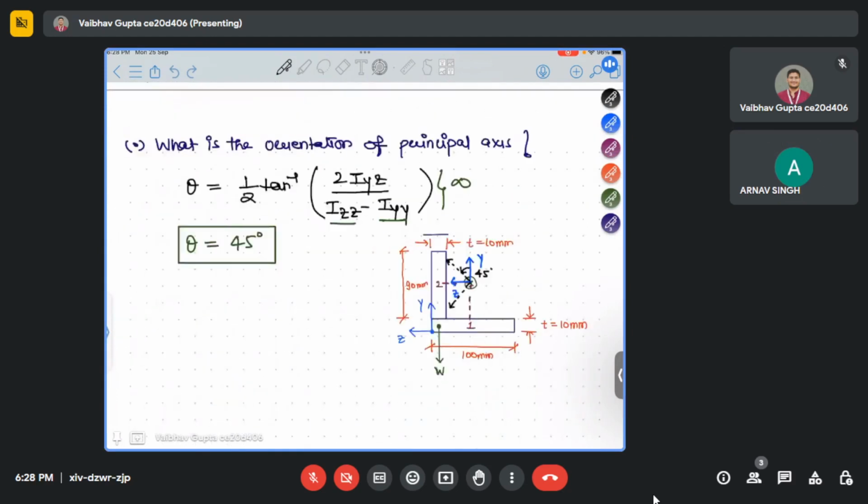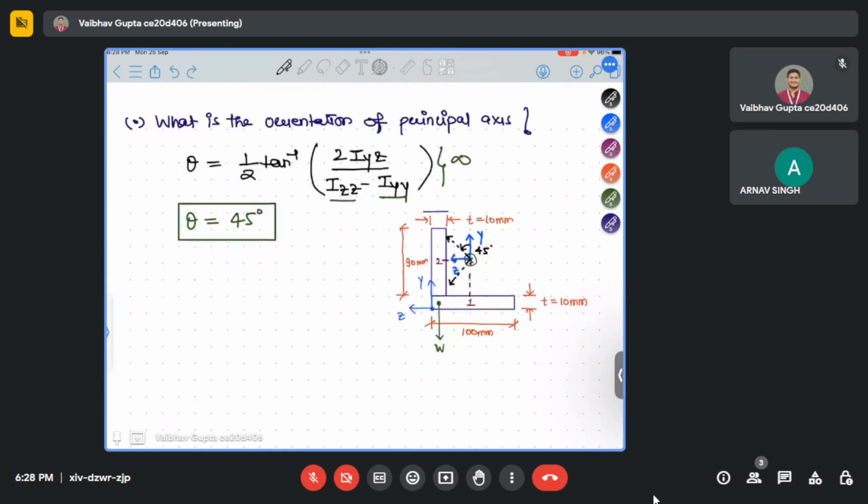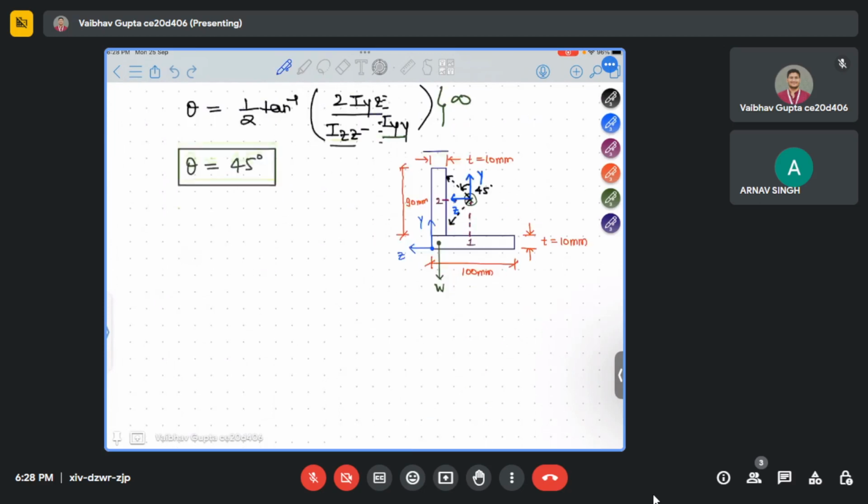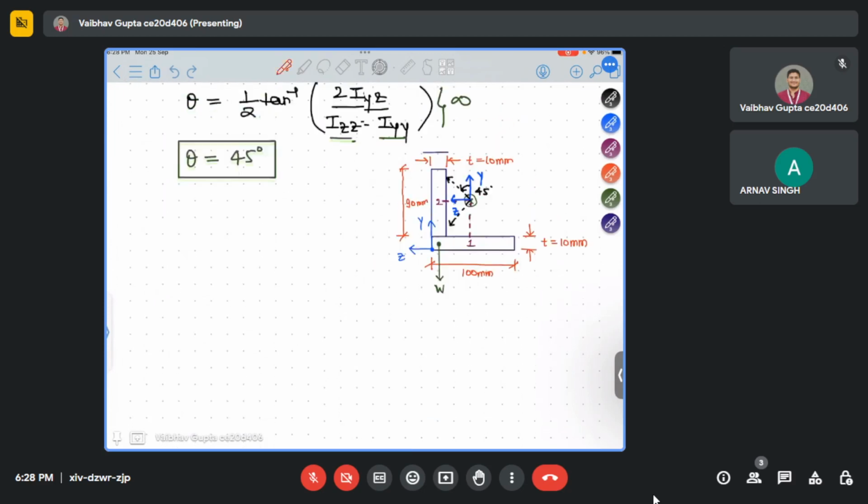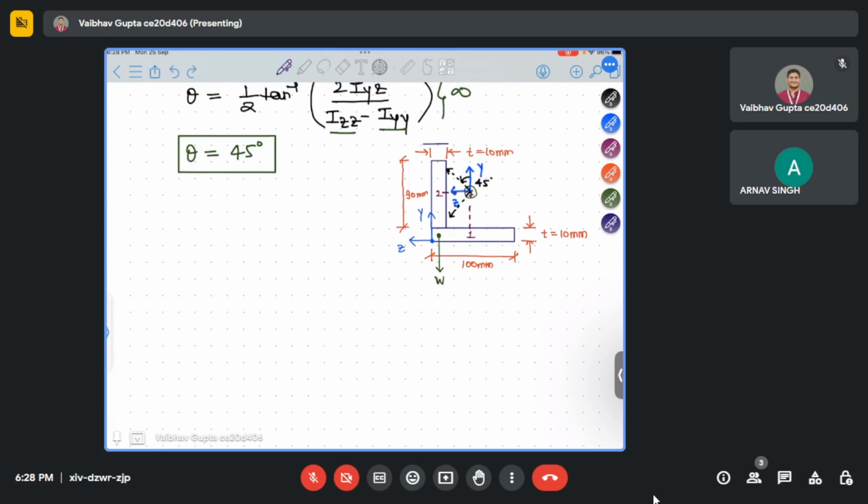So now second question comes. We have to calculate the deflection in y direction, z direction. Since the loading is not about principal axis, we will get both the deflection in y direction, z direction. Okay.